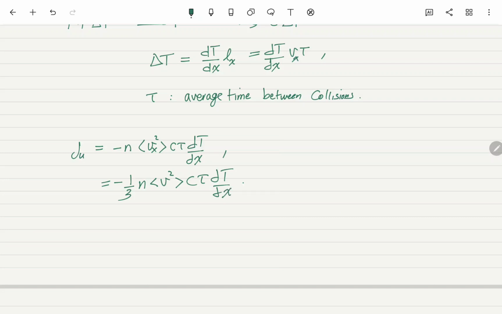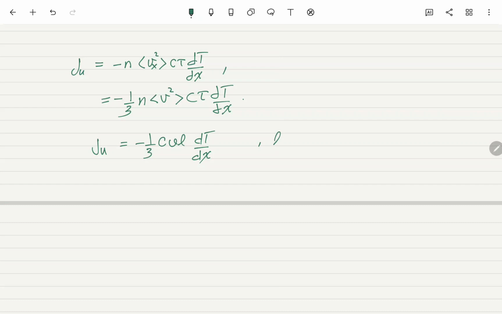Now for phonons, v is actually a constant. In this case, the flux equals minus 1 over 3 C v L dT by dx, with L equal to v tau and C equal to n c.